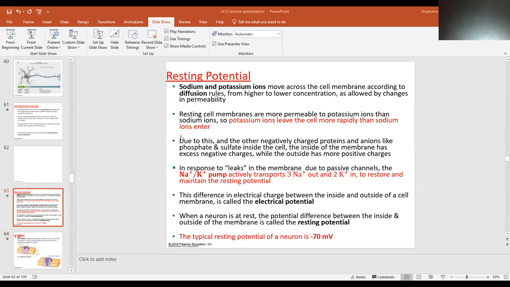Okay, so as we are looking at the sodium and the potassium ions, it's important that you circle this word, move, because these things are going to move across the cell membrane according to diffusion rules. So diffusion means that something is going to move from an area of higher concentration to an area of lower concentration.